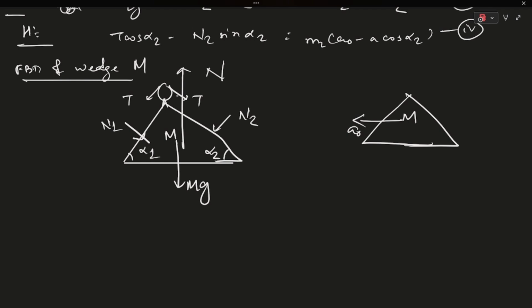So now resolve these forces. This angle is alpha 2. This is also alpha 2. This is 90 degrees minus alpha 2. So this component will be N2 sin alpha 2, and this is N2 cos alpha 2.